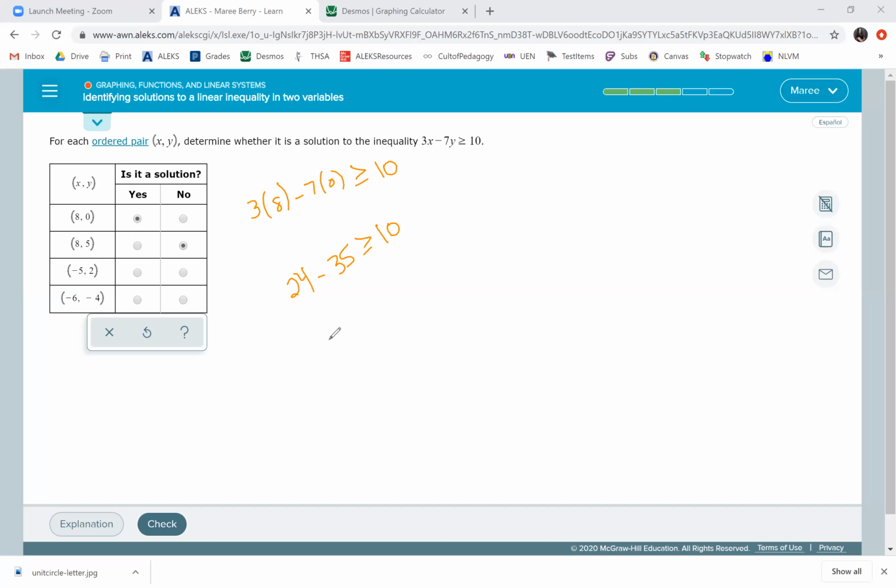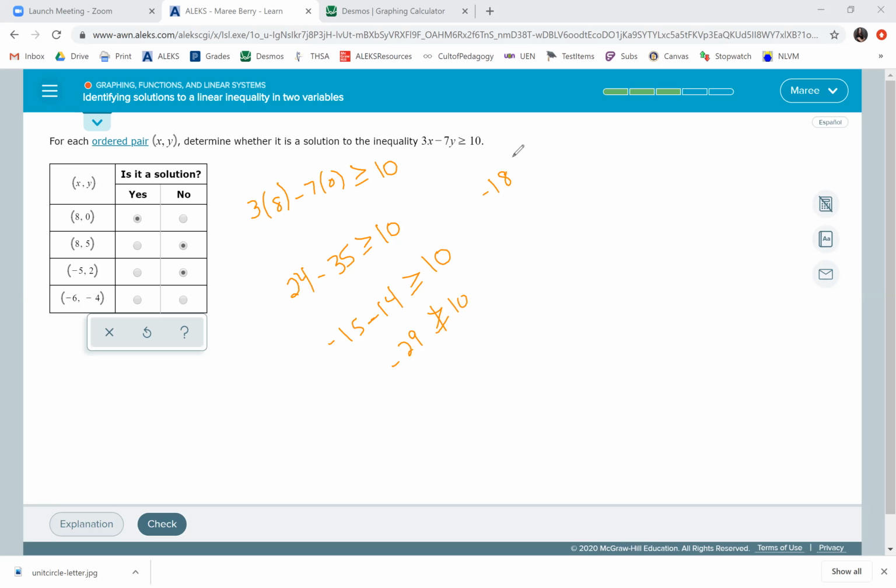Then we have 3 times -5, which is -15, minus 7 times 2. That's a really big negative number. So we have negative minus another number, that's like -29. So no. So we'll put no. And the last one we're going to try, 3 times -6 is -18, minus 7 times -4, which is -28.